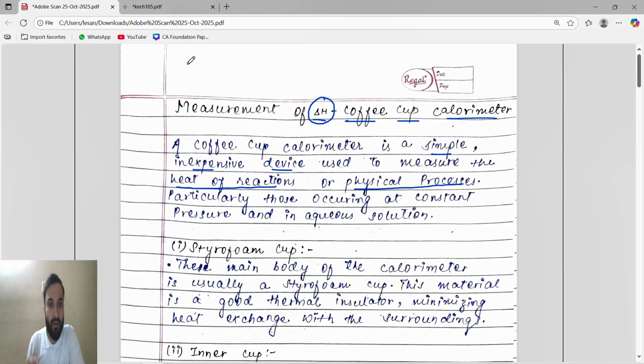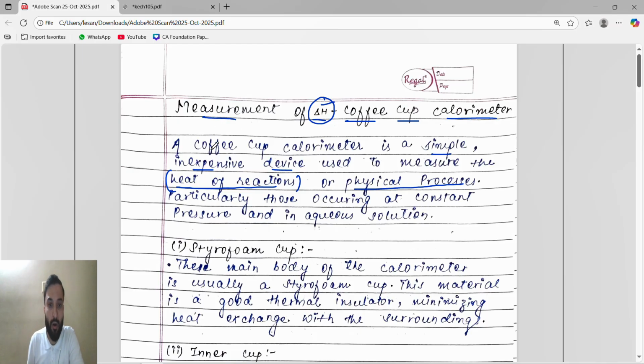So that's why we say that a coffee cup calorimeter is a simple, inexpensive device, like the bomb calorimeter is also a device. It is used to measure the heat of reaction. Why? Because we are doing the measurement of delta H. Delta H means enthalpy, and enthalpy means heat content.